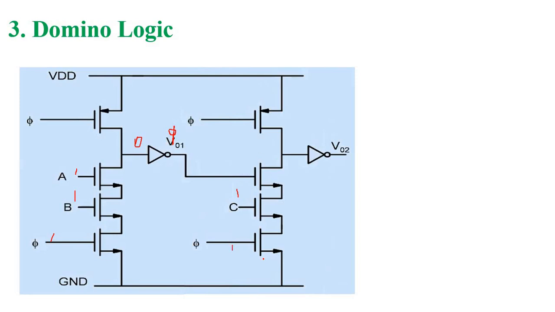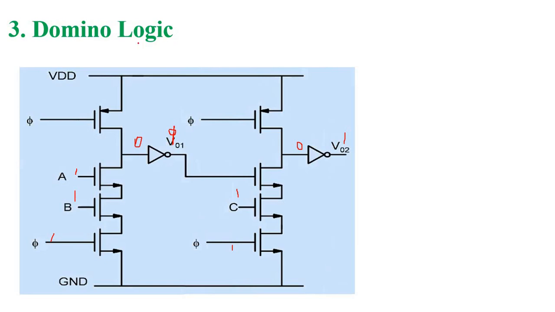The transistors are in the short-circuited condition, so the output is equal to 0. The inversion of 0 is equal to 1. So here we apply input 1 and we get output equal to 1.